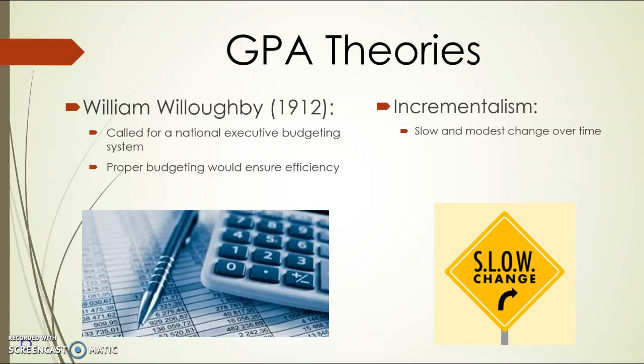And remember, this was before Wildavsky, and people hadn't really taken a hard look at consistent public sector budgeting. And Willoughby said, if we want efficiency, this needs to be something that we're talking about.